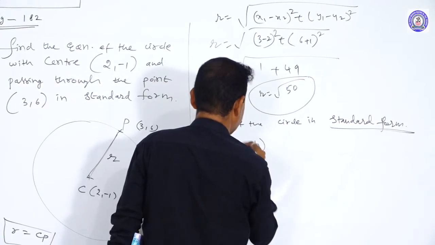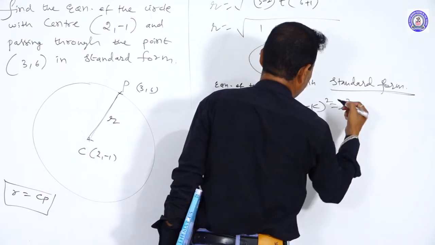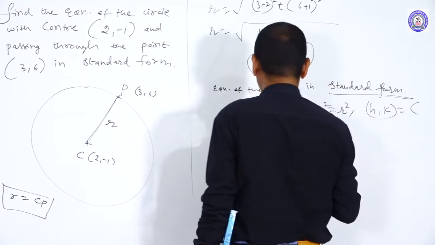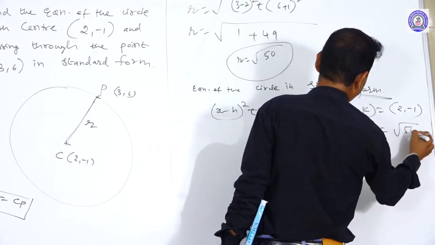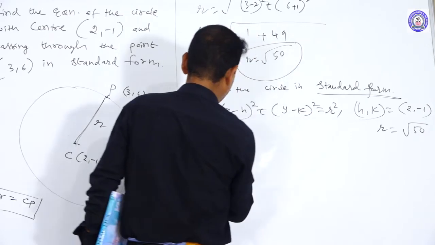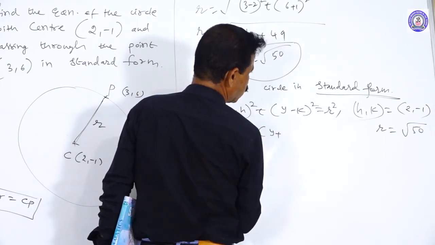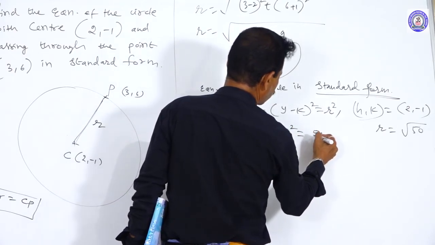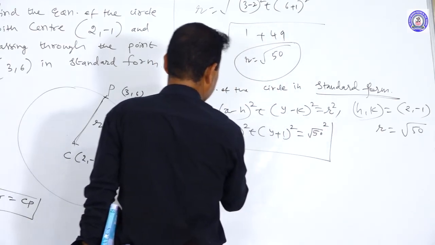It is x minus h whole square plus y minus k whole square is equal to r square. Here center h comma k is equal to 2 comma minus 1 given. So radius is the root of 50. We substitute here: x minus 2 whole square plus y minus of minus 1, plus 1 whole square. r square is the root 50 whole square. This is the equation of the circle.